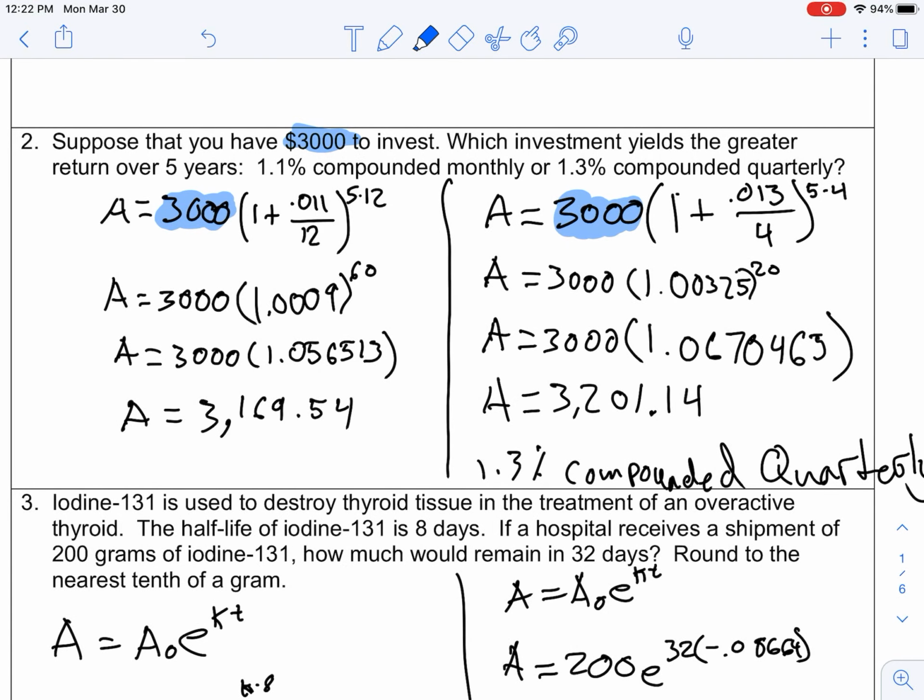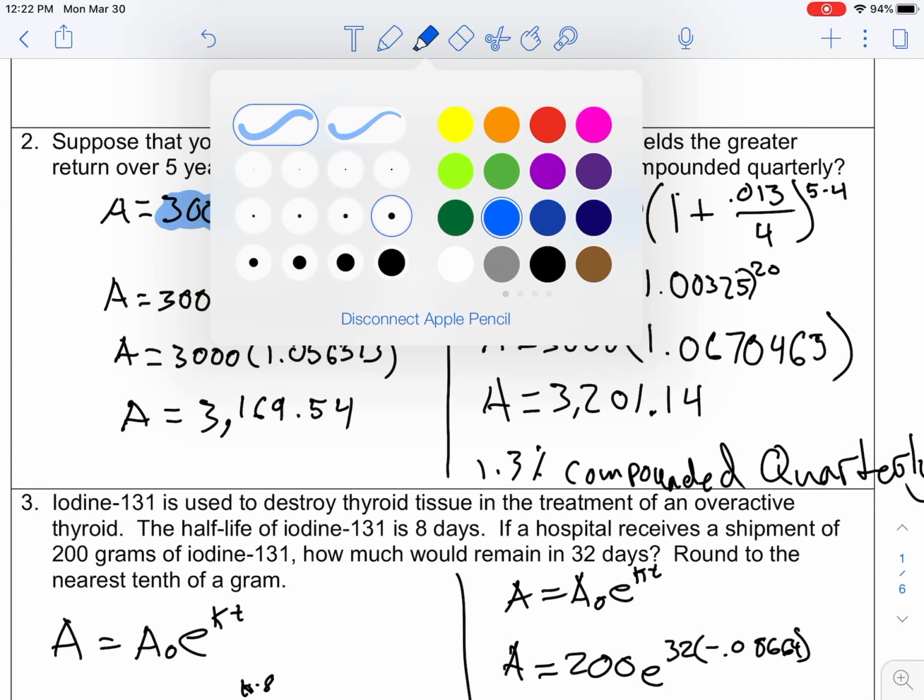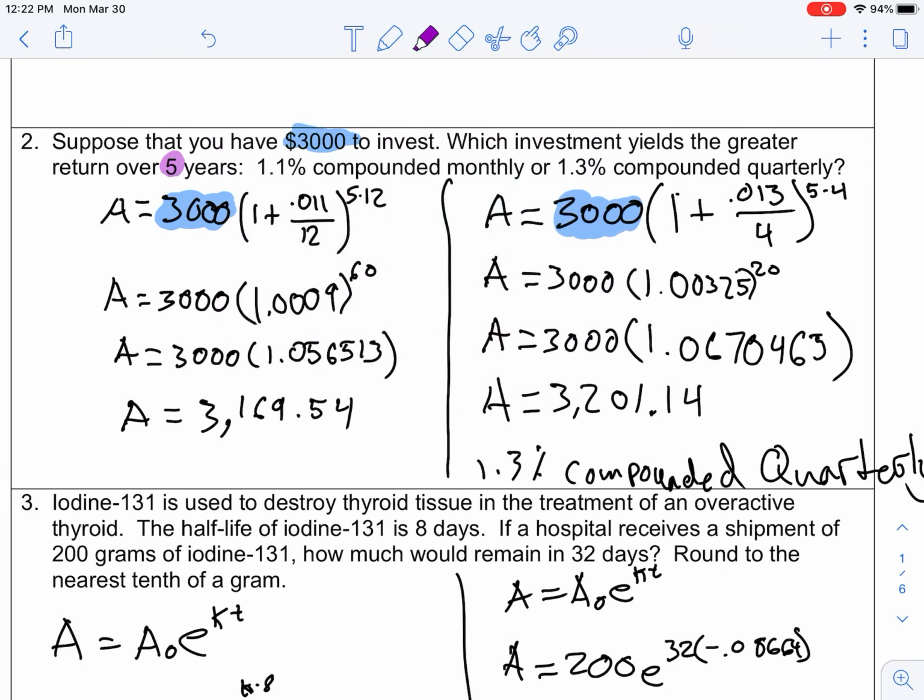And then our rate, we have the same time, so it's 5 years. So that's where I got that 5 from on each of these. And then in our first equation, in green here, 1.1%, so there's my rate as a decimal, 0.011, compounded monthly, so that's 12 times it compounds. So that's where I get that orange number. So that's my first equation set up.